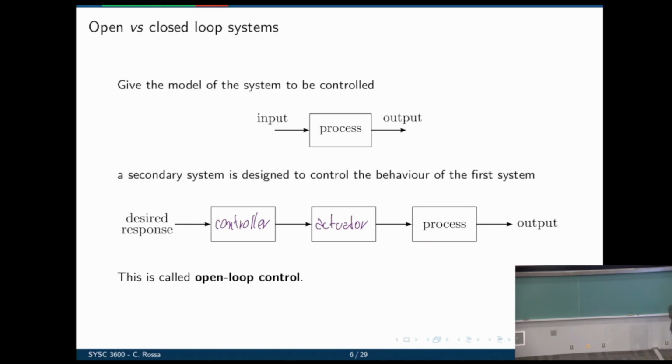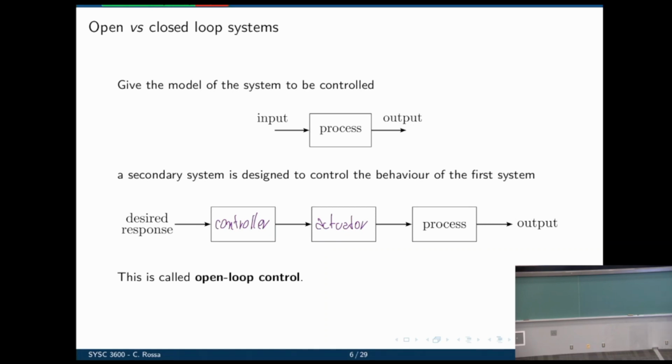So in this case, if the process is the car, the actuator could be the throttle angle, or whoever is pressing on the throttle, and the controller is the logic behind that. If I want to increase my speed by 10 meters per second, I have to press on the throttle by this much. That would be the control logic behind it.